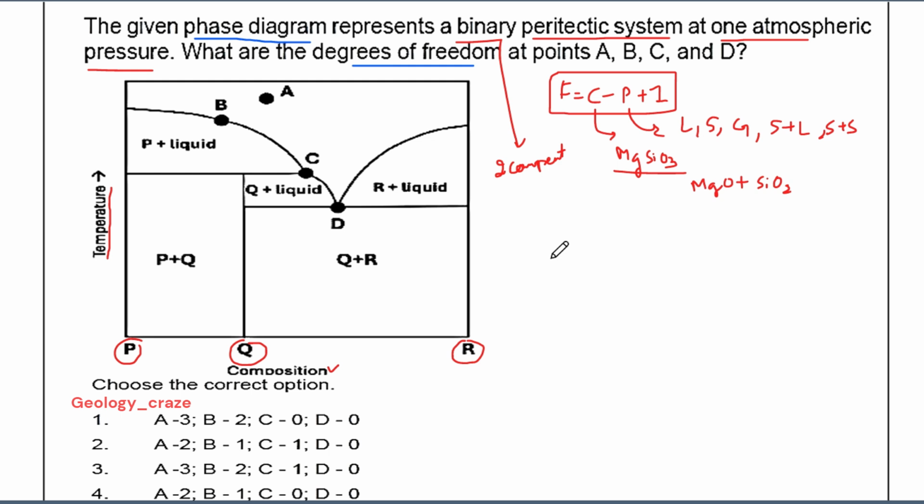So now I will tell you what this system is. First we will understand one reaction.